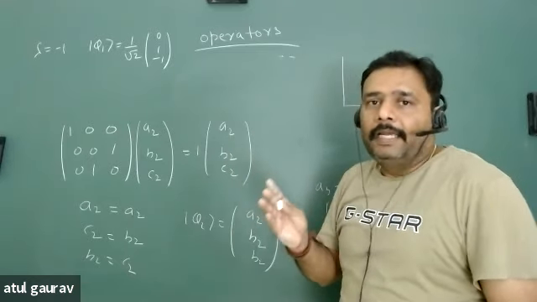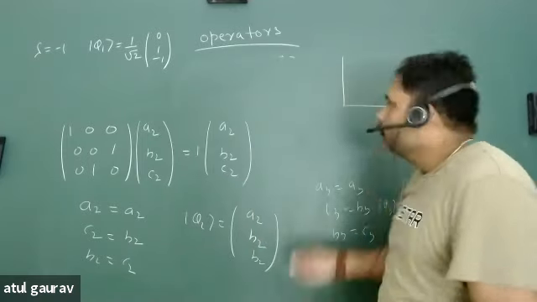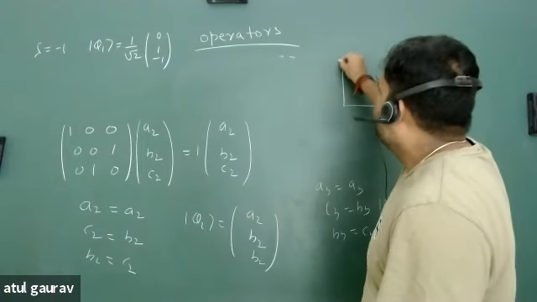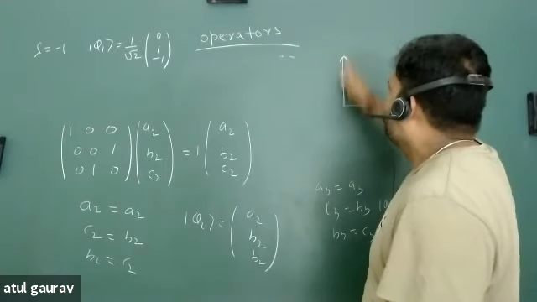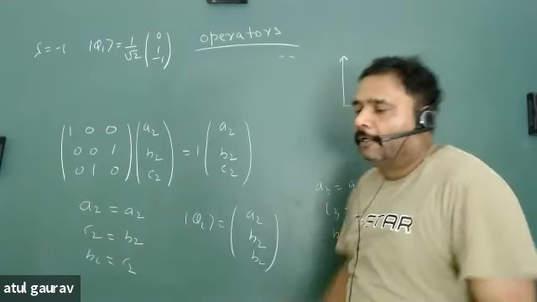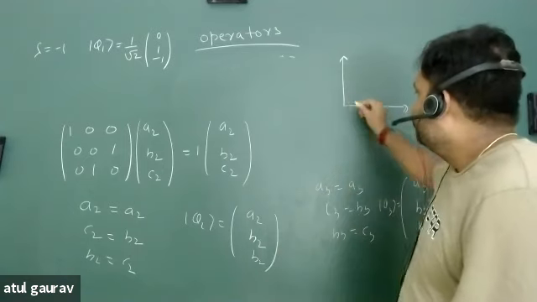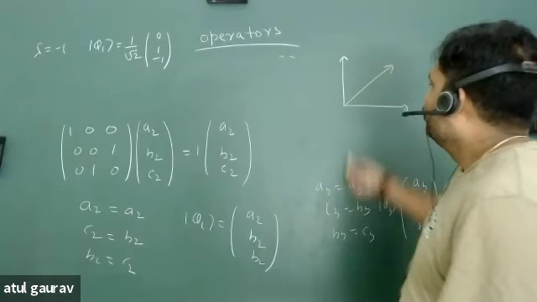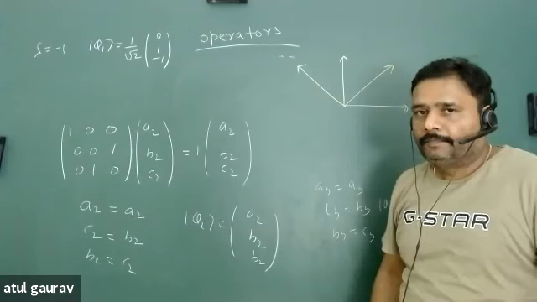And in the same plane, how many orthogonal sets can you find? Suppose I have chosen this one as my first vector, then obviously this one is my orthogonal vector. I am taking the clockwise rotation. And suppose someone takes this one as their vector, then the other orthogonal vector is something like this one.